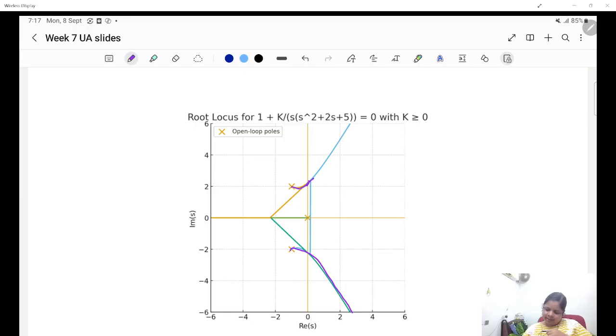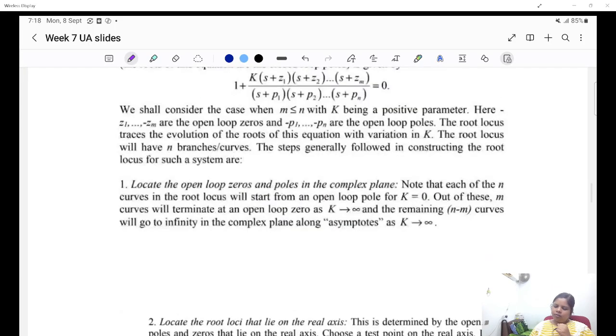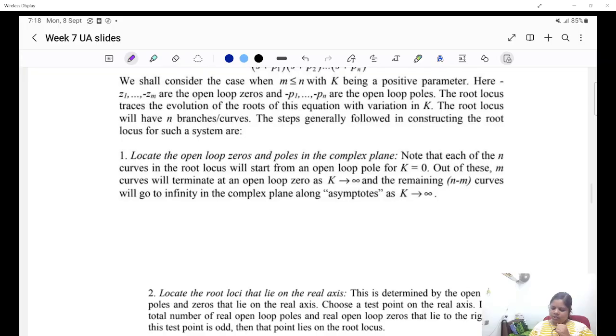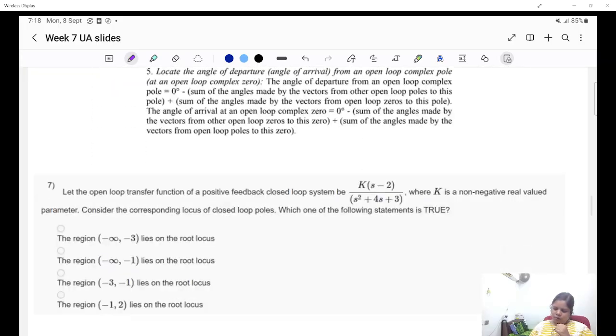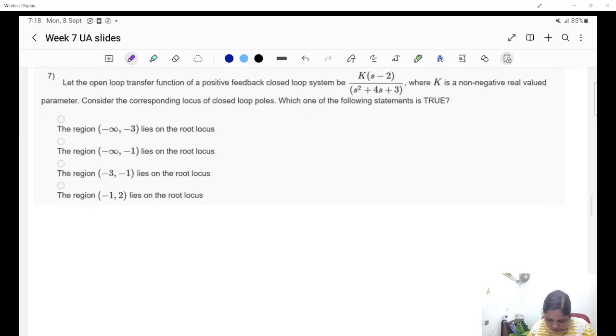This is again k hat is equal to 10, and it moves in this direction along the asymptote, and from here you have this asymptote, and this is the intersection point of the asymptotes. So this is the root locus that we get from here. Okay. This is again the repetition. Let's move to the next question.